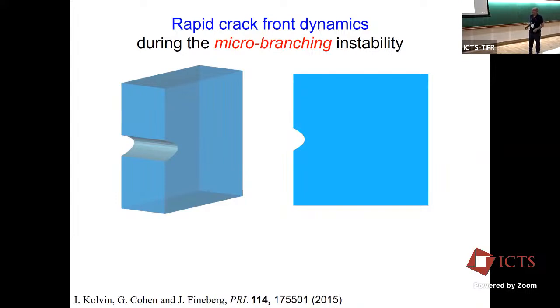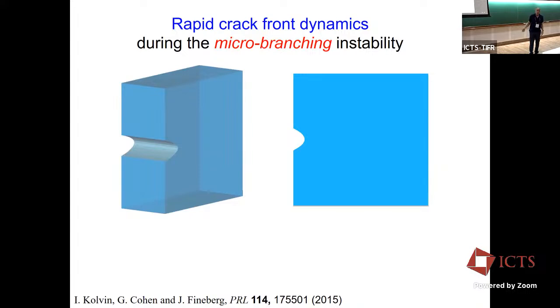What we're going to do now is look at the effect of these localized microbranches. Instead of the crack being a tip and singular point in a two-dimensional space where the crack is a line, the crack in real life is a plane, a front that's moving through the material and is spatially extended in this way.